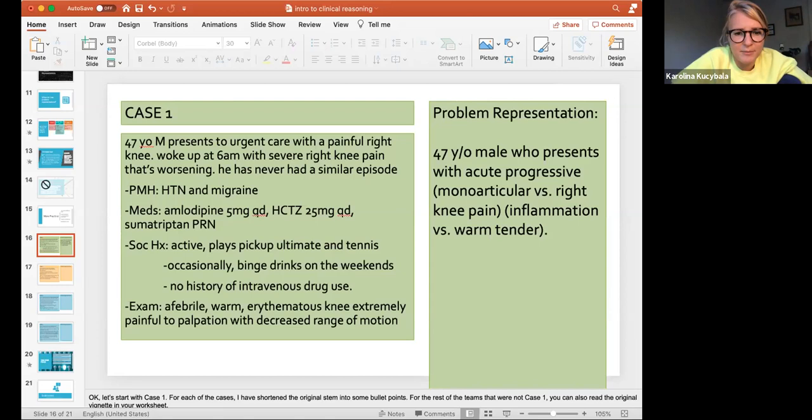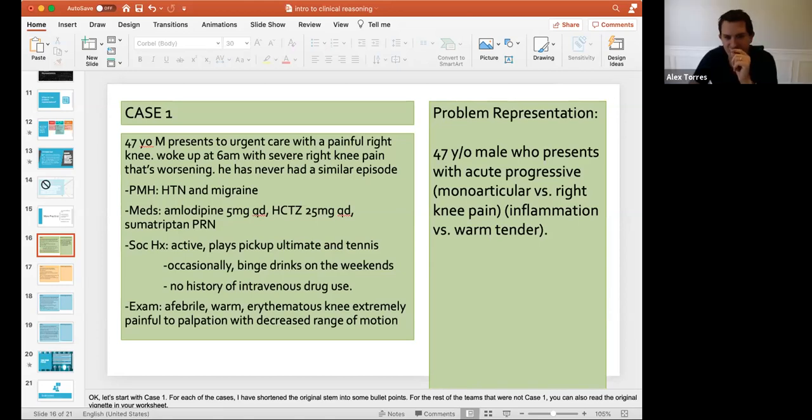What do other people think? I would make a case for including, I don't know why, I'm big on pain that wakes you up from sleep. To me, that typically talks about more acute processes. I wouldn't be thinking that someone's going to be waking up from their sleep in pain from osteoarthritis. So to me, I think it would help limit and hone my differential, personally.